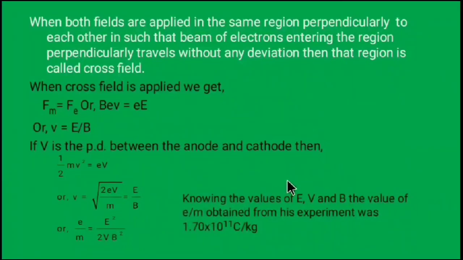J.J. Thomson found that the value of the specific charge of an electron was 1.70 times 10 to the power 11 coulomb per kg. In this video, I have discussed the J.J. Thomson experiment to find the specific charge of an electron. Thank you for watching my video.